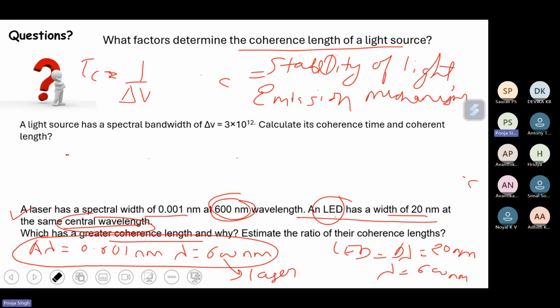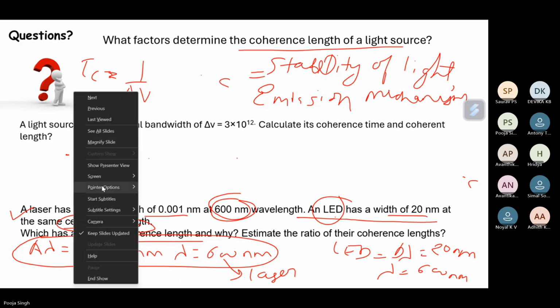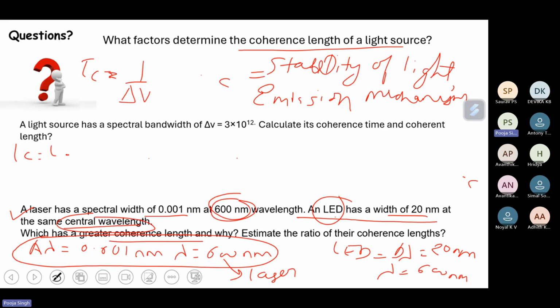So LC is equal to tau C into C, that is, 1 upon delta nu into C. So delta nu we can write: nu is equal to C by lambda, so delta nu is C delta lambda over lambda square.